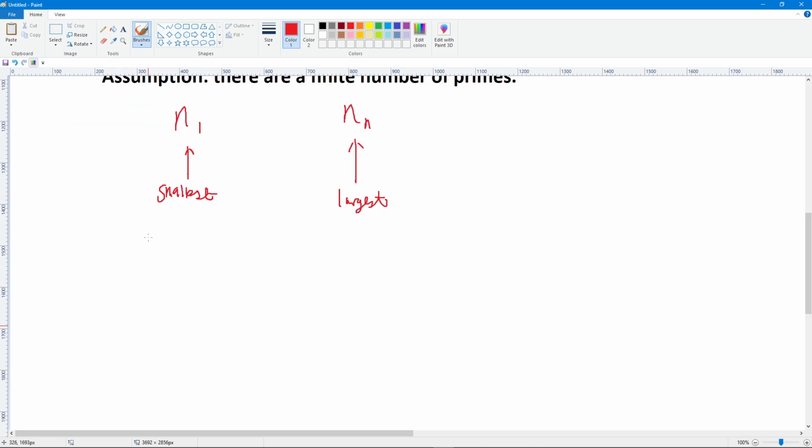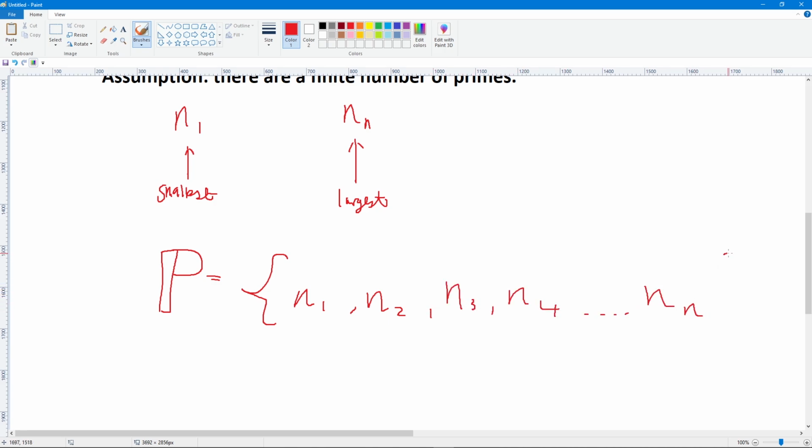All the primes that exist in our assumed universe can be expressed by P, where P is this set: n1, n2, n3, n4, all the way to nn.